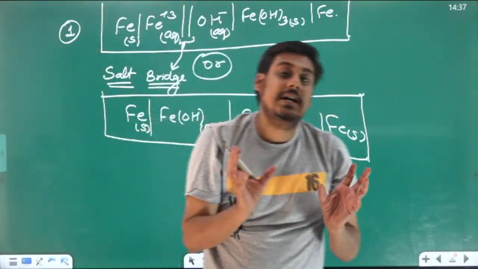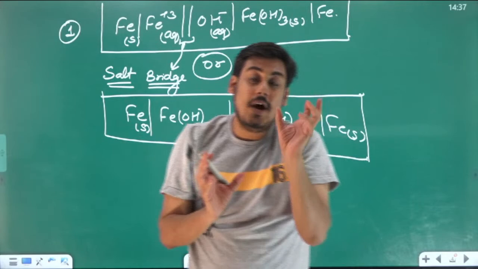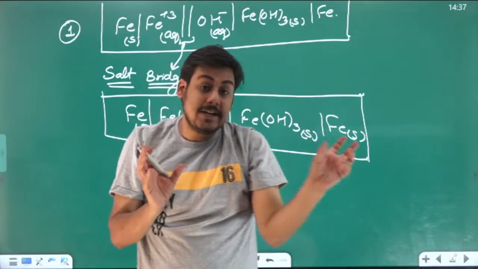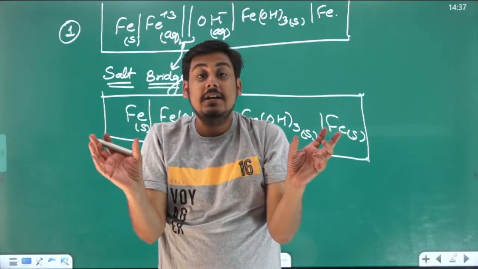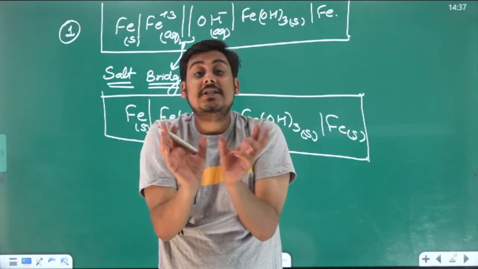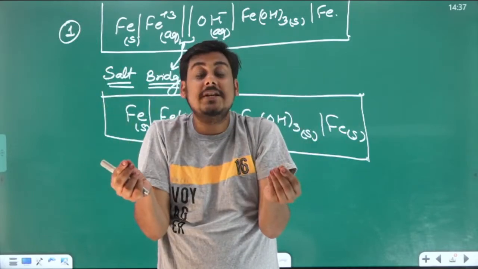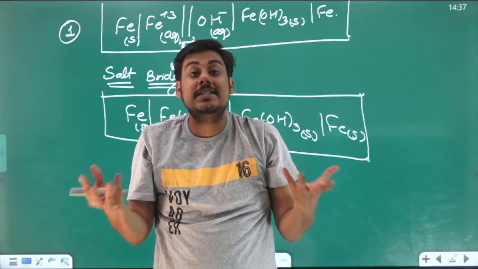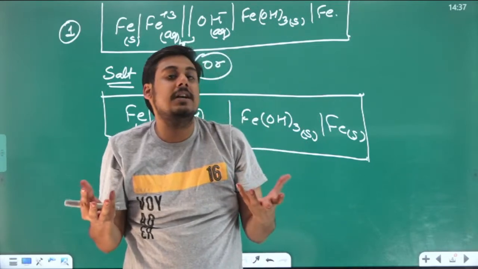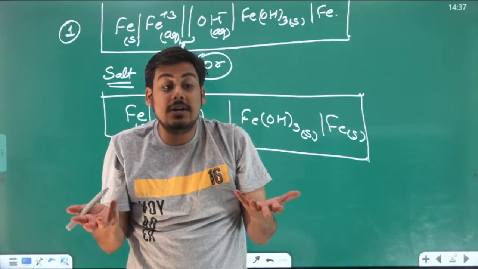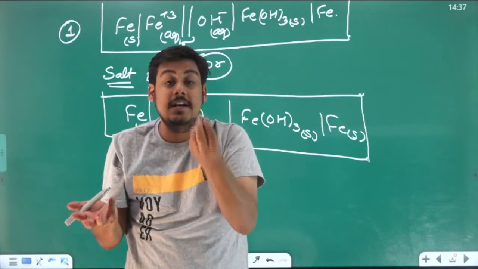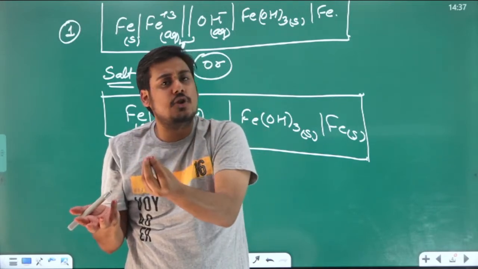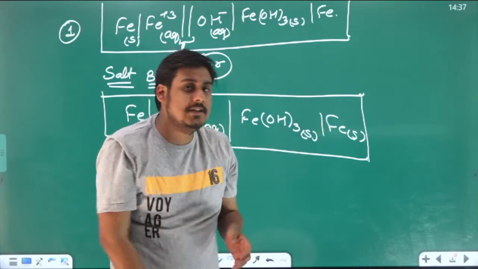Different beakers means the anodic beaker is separated from the cathodic beaker. They are not in contact with each other. That is why we are using a salt bridge, so that my solutions stay neutral during the cell process. If the solutions are not neutral, that generally means my cell will stop working. We have already discussed it in the past.